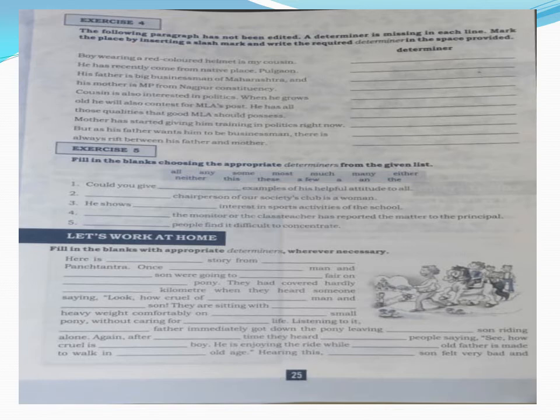Okay, so here we will fill all the blanks by using the necessary and appropriate determiners. Okay, in the notes you will check all your answers. Now we'll go to page number 26.